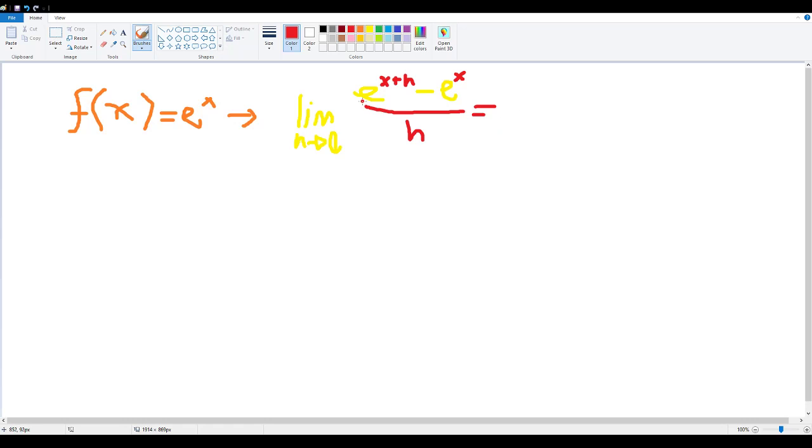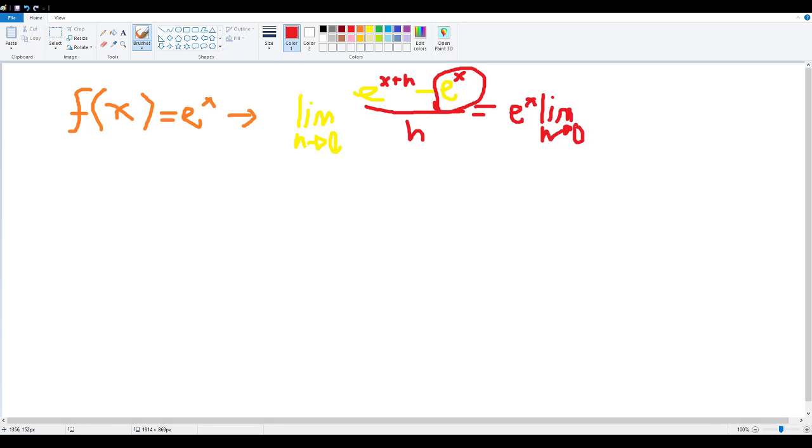Now, we can factor out this here and derive a new formula, which would be e to the x times the limit. Sorry about this video being so slow.